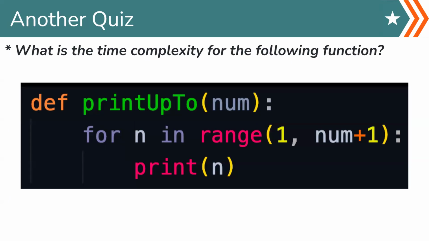What about this one? Looks like O of n. It's a for loop. And depending how big n is, or num, will determine how many iterations we do.